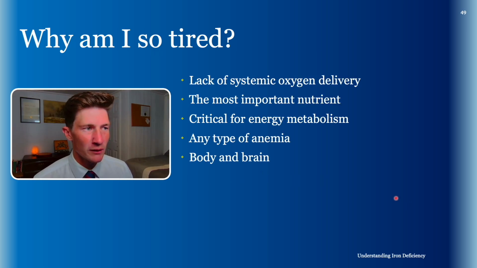So why, when somebody has anemia, are they so darn tired all the time? It stems from a lack of systemic oxygen delivery, right? As we've discussed, oxygen is by far the most important nutrient. It is critical for energy metabolism.